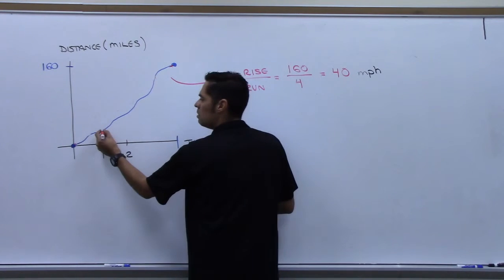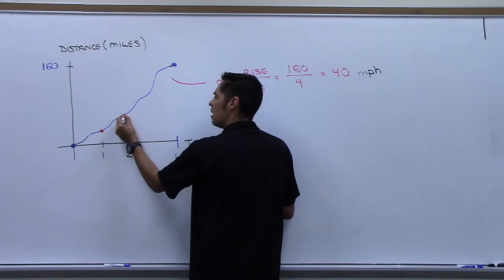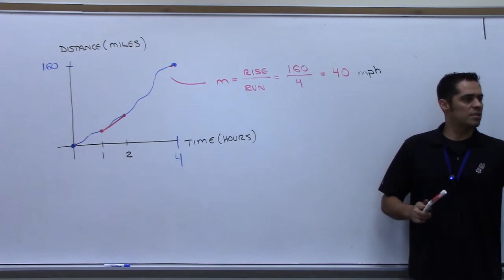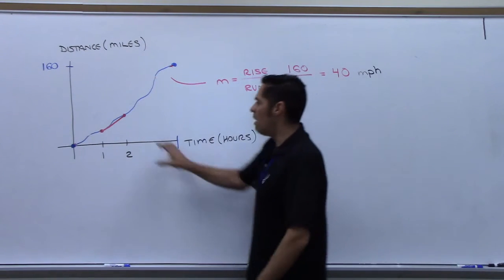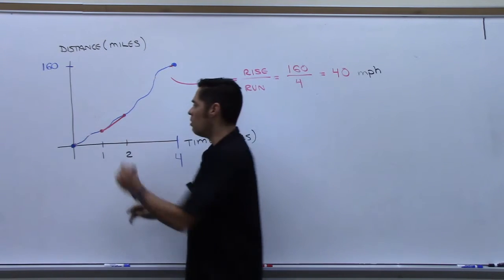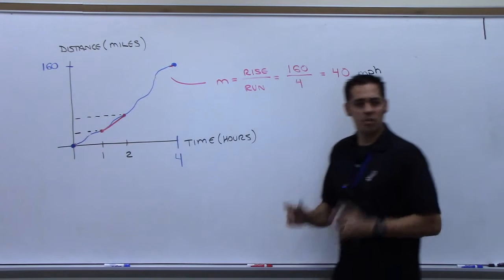So now that's from this point to this point, right? If you could tell me the slope of that line, you could tell me your average speed, couldn't you? But I would have to know how far you had gone at 2 hours and at 1 hour, right? I'd have to know the 2 y values in order for me to answer the question. But you understand what I'm asking?